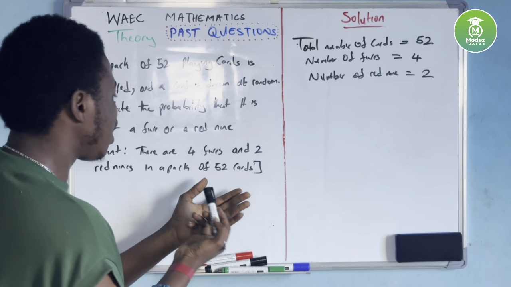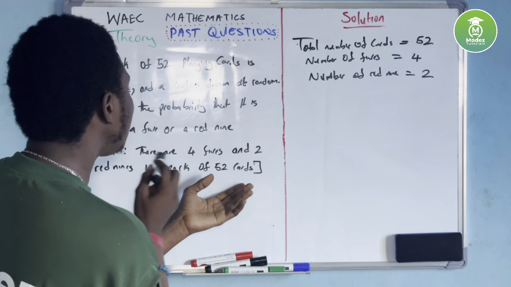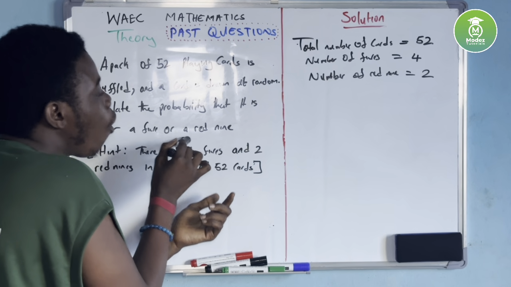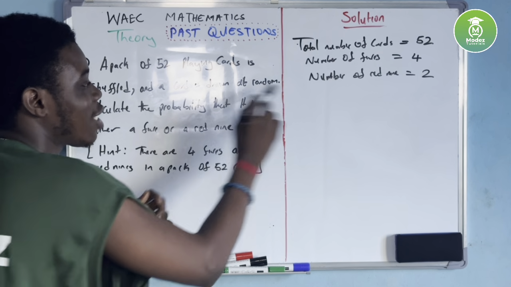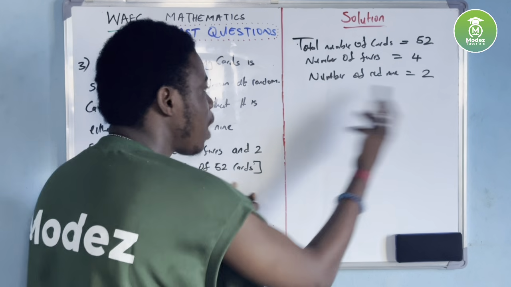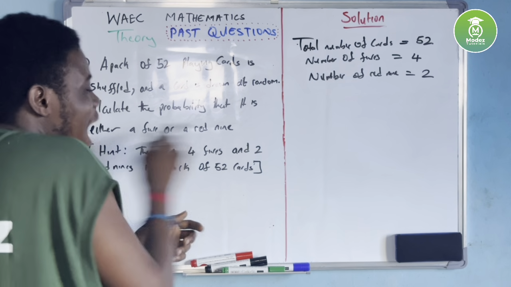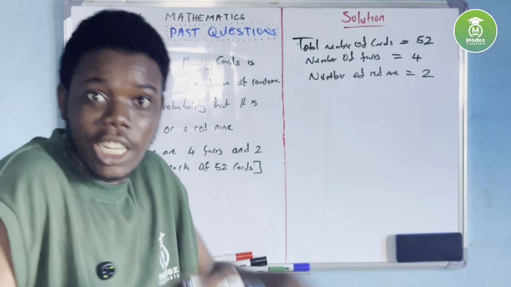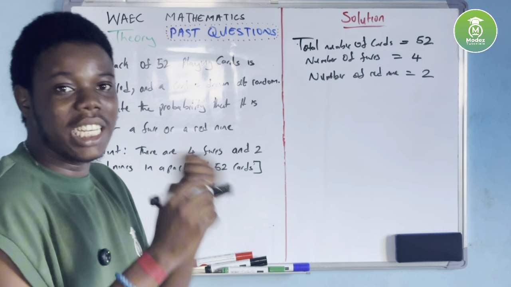But this time around, they said, find the probability that it is either a 5 or a red 9 at random. So you are adding both of them together. Why? Because either means any of them. That's the probability of getting any of them. That's what it means. So you are adding it together.